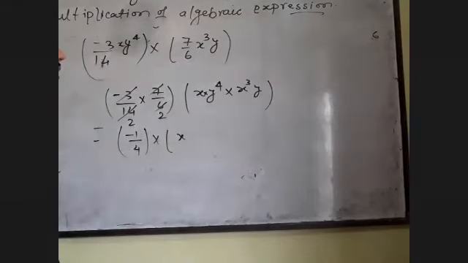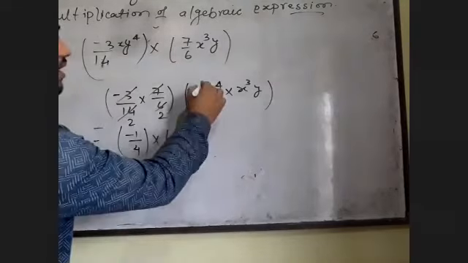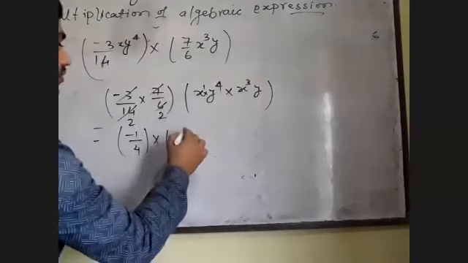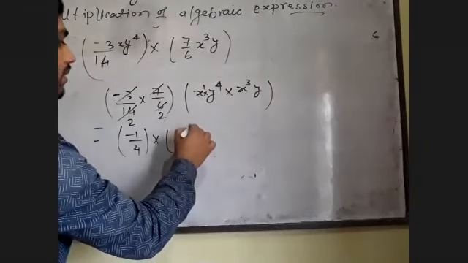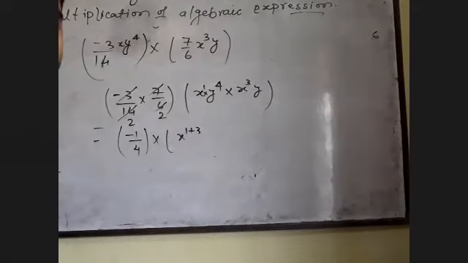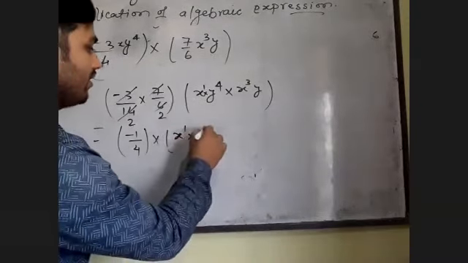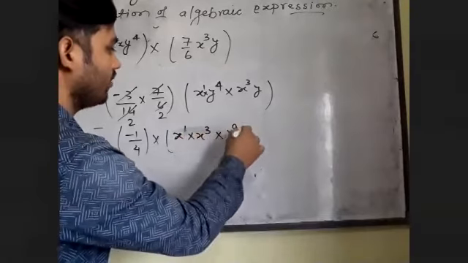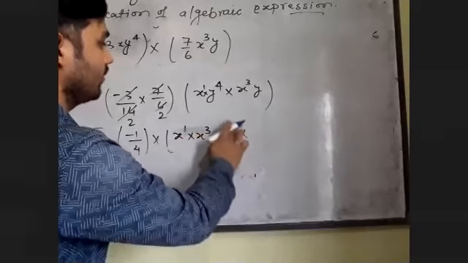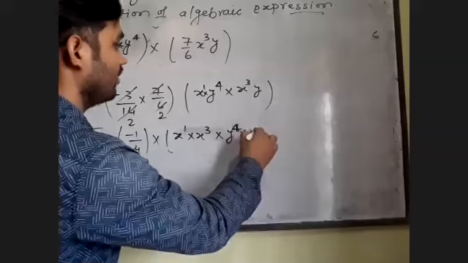Sir, x to the power here is 1 and here it is 3, so we can write 1 plus 3. x to the power 1 into x to the power 3, and y to the power 4 and y to the power 1.